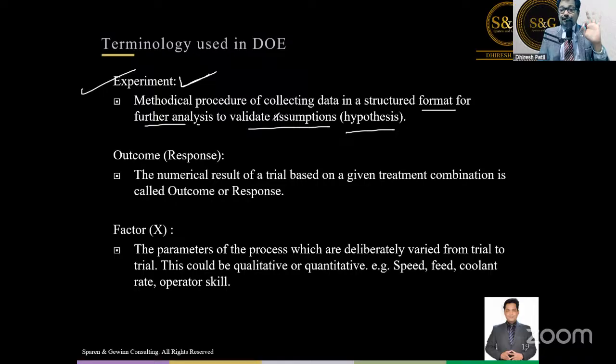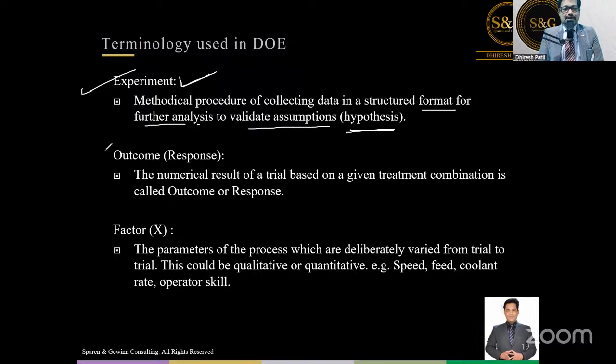See, design of experiment is also hypothesis testing. Regression is also hypothesis testing. Normality test is also hypothesis testing. And hypothesis testing is also hypothesis testing. But this is advanced hypothesis testing.